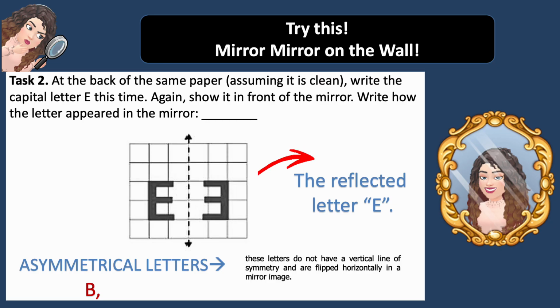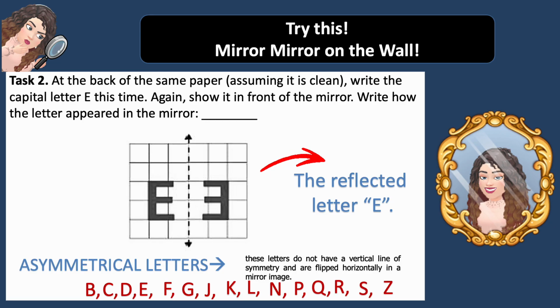We have different letters under asymmetrical letters such as letter B, C, D, E, F, G, J, K, L, N, P, Q, R, S, and letter Z.